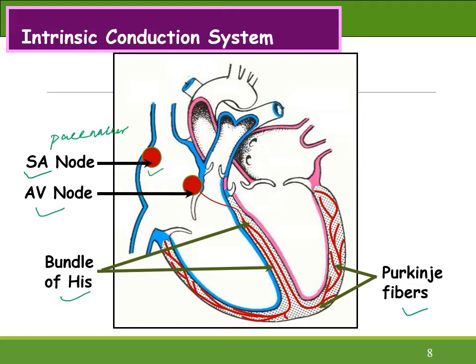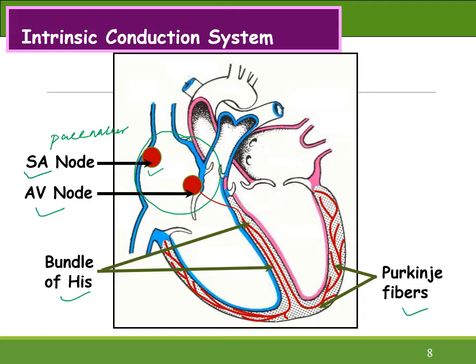Well, AV node has a smaller diameter than SA node. Location, lower part of right atrium. So this is the right atrium. So when you look here, AV node is lower than the SA node.